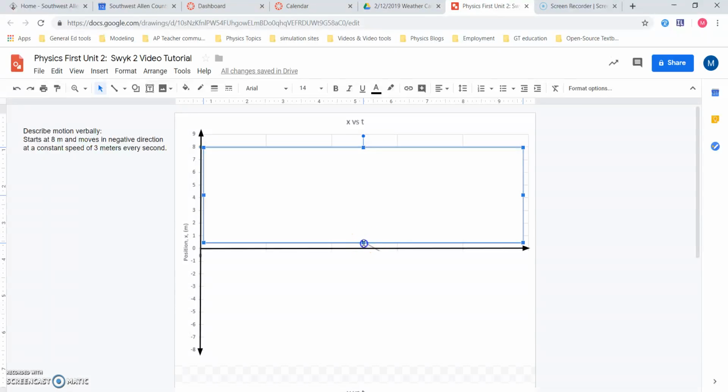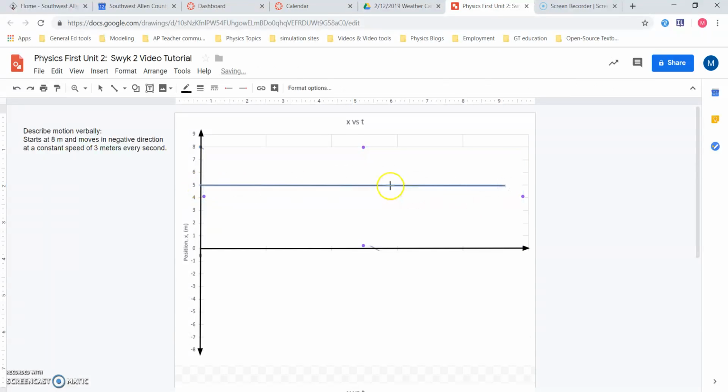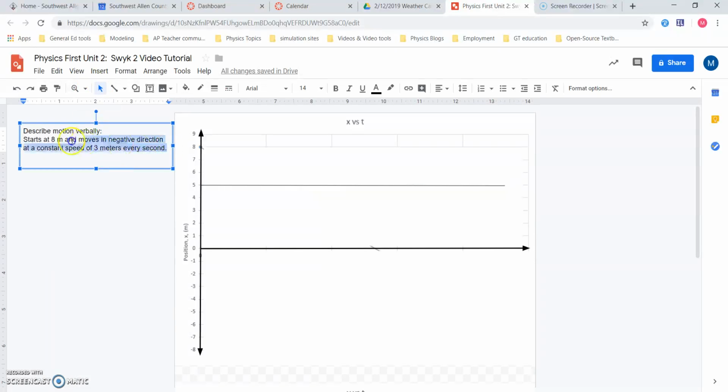And I'm just going to make something up here. So if we had a graph that looked like this, remember it's a position time graph. Now for this one, notice it stays at 5 meters. If I had to describe the motion for this one, I would say starts at 5 meters and doesn't move.